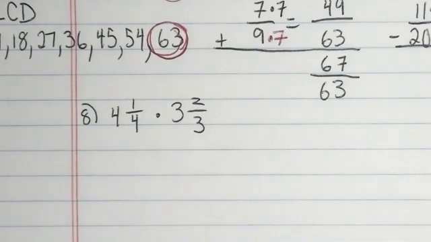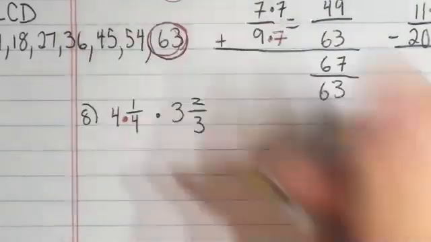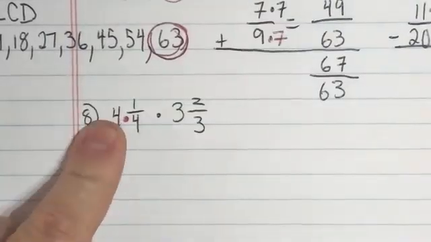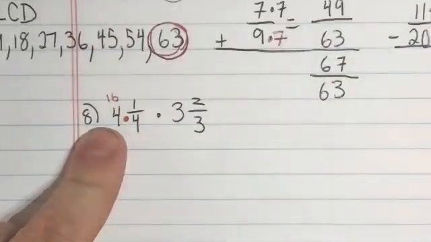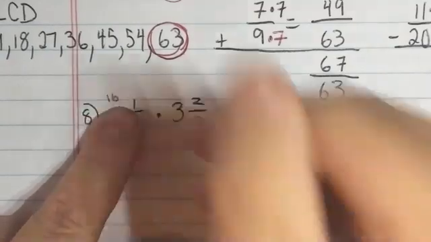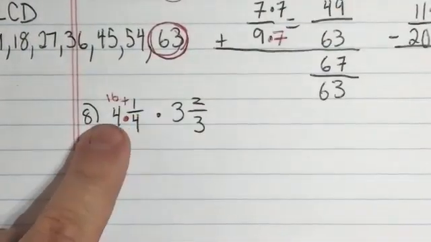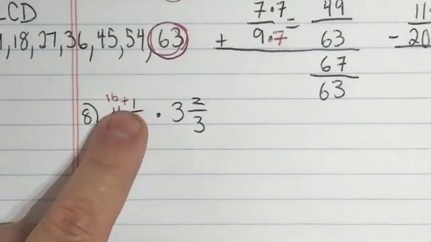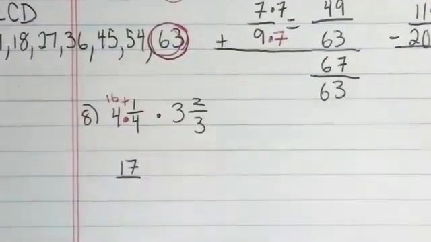The way you do that is you take your denominator, in this case 4, and multiply it by the whole number out in front. So 4 times 4 gives me 16, and then you add that to the numerator: 16 plus 1 gives me 17.